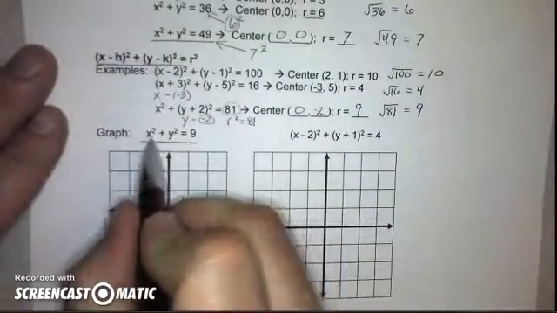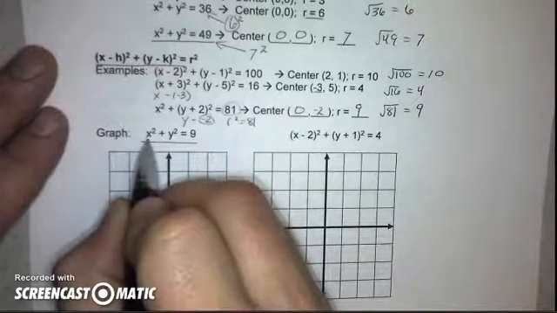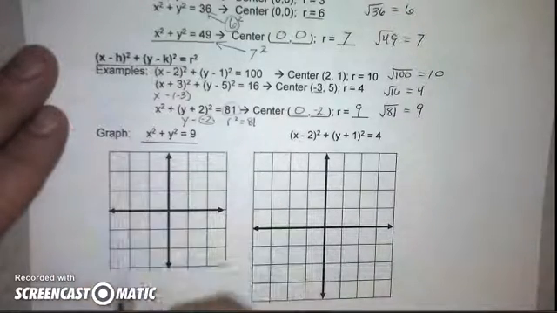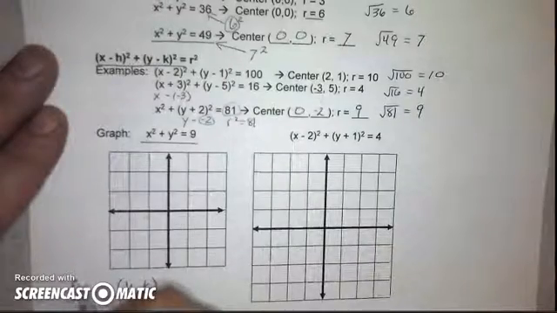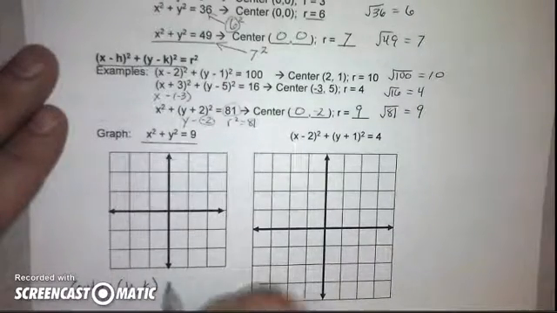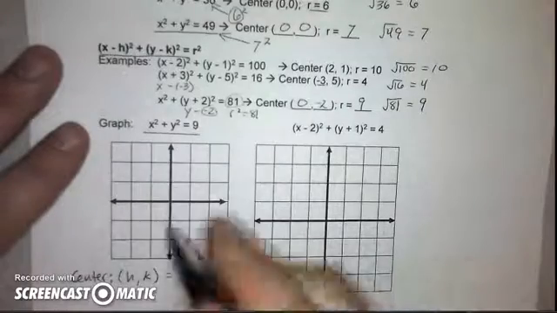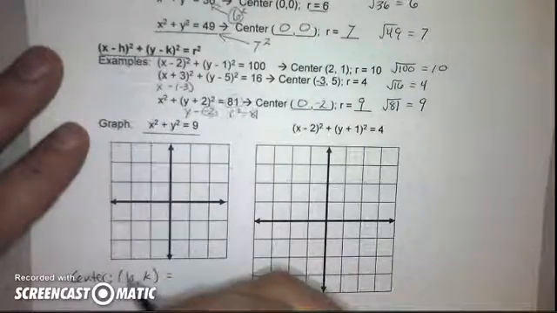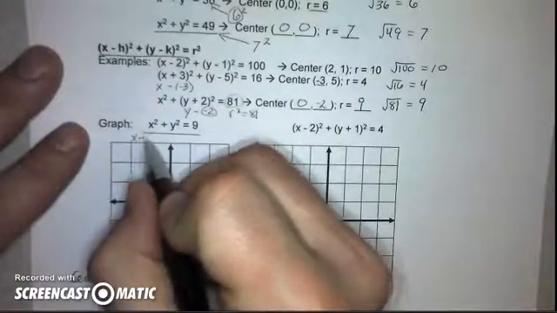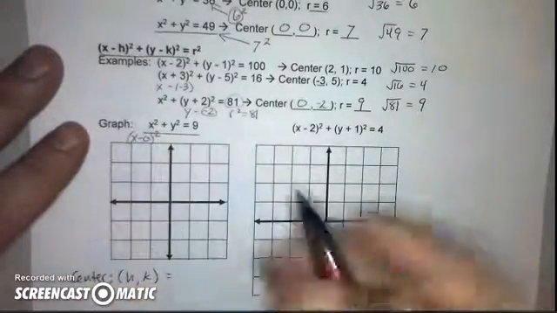Okay, so remember, x minus h is what should go here, h being the x-coordinate of your center point. Well, if I just have x squared, h has to be 0, because that would be x minus 0 squared.